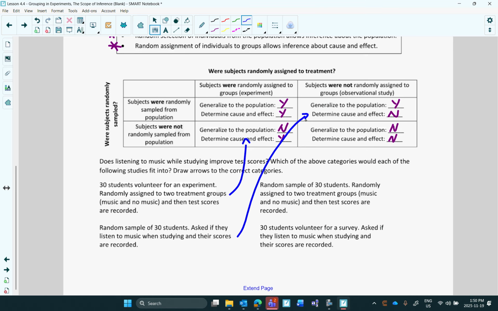Random sample of 30 students, randomly assigned. That's pretty obvious, I think. That goes to this one. And then by the simple process of elimination, 30 volunteers. They weren't randomly assigned, they were just surveyed and measured. Okay.